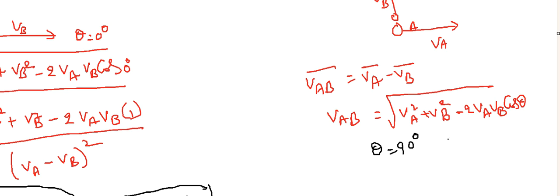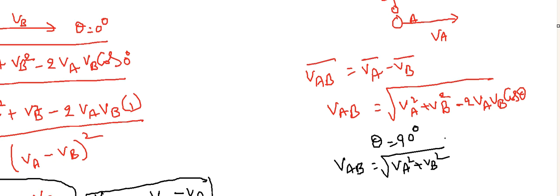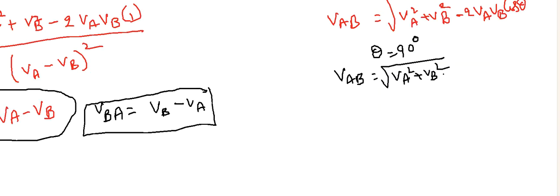Cos 90 value is 0. Therefore, VAB becomes equal to root of VA square plus VB square. This is the magnitude of the relative velocity. But always the concept: reverse the direction of the observer and add the two velocities vectorially.